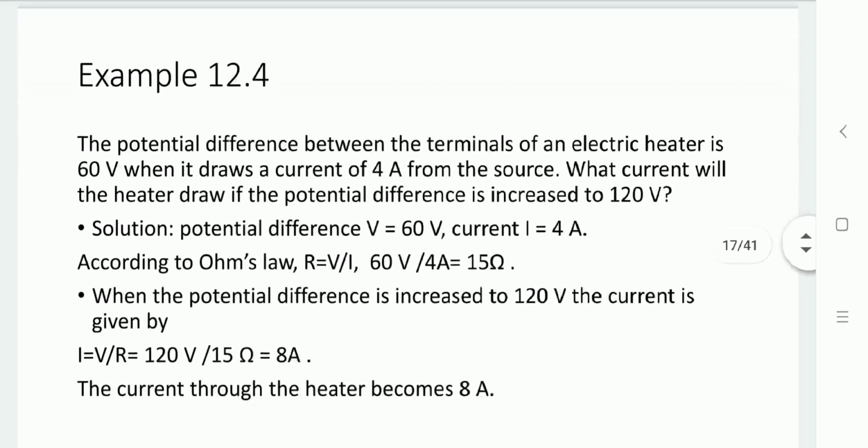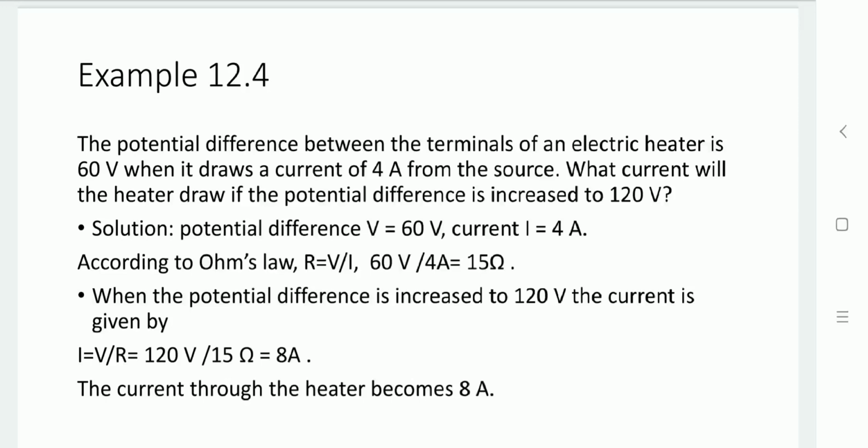Next example. The potential difference between the terminals of an electric heater is 60 volt when it draws a current of 4 ampere from the source. What current will the heater draw if the potential difference is increased to 120 volt?